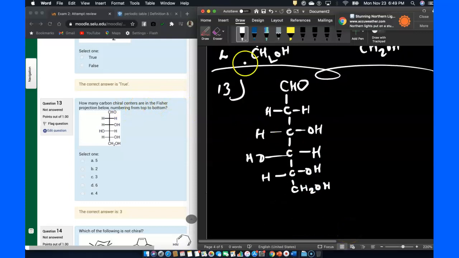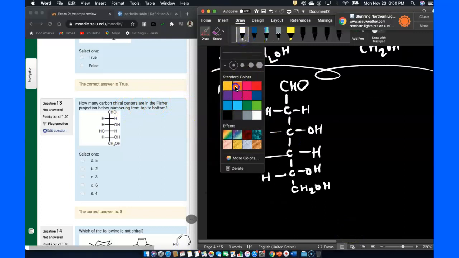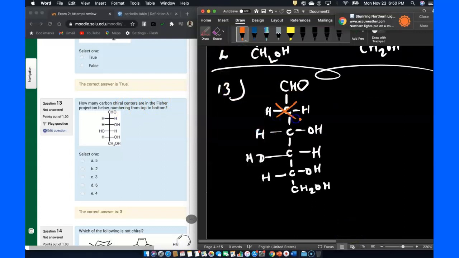All right, how many chiral centers? You're looking for 4 different groups. This is not a chiral center because you have 2 of the same group, the 2 hydrogens on the same carbon. This one is because you have an OH, you have an H, you have a carbon with an OH. The carbon on top has hydrogens, so this has 4 different groups. I mark it with an asterisk. This is also having 4 different groups. You have an H and an OH, those are different.